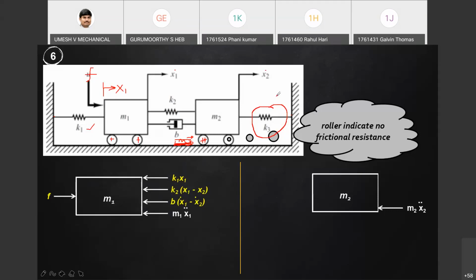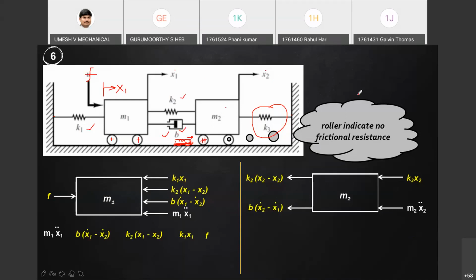It is only, and I'll have this inertia M dot, K3, then K2, this time dashpot B damping coefficient, x2 dot minus dot, 4.